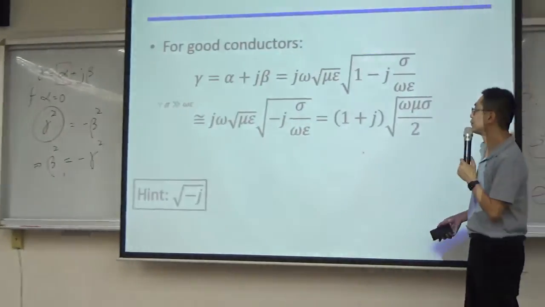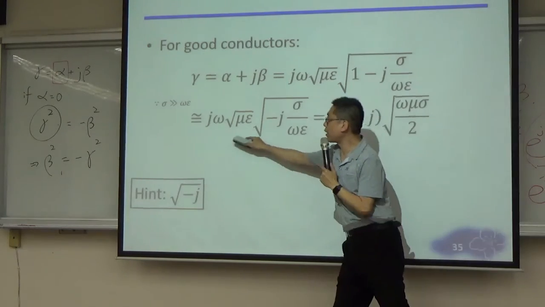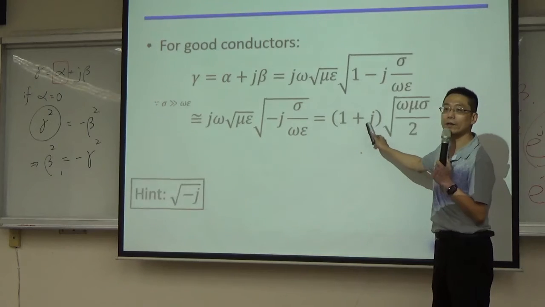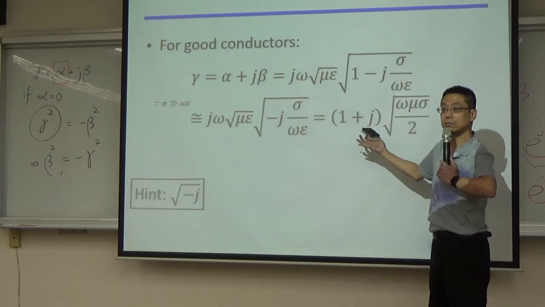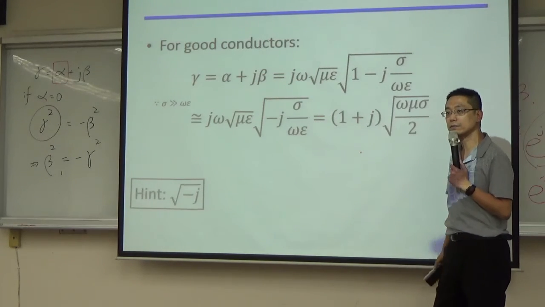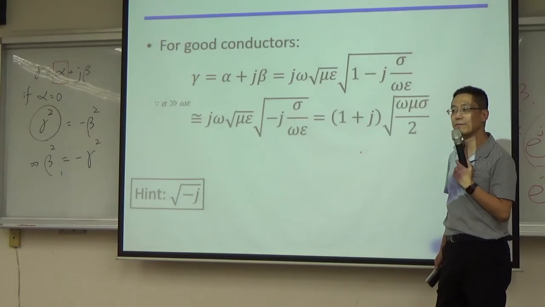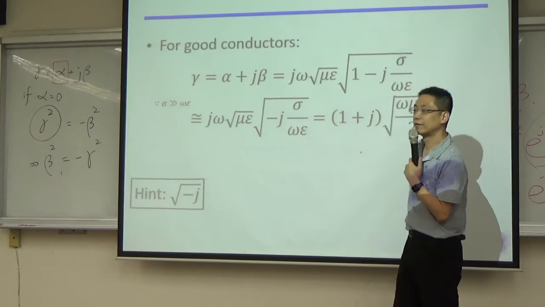Try. This is only one part, right? Why does it become 1 plus j? Why? Where does 1 plus j come from? Tell me, 10 points. Before 6:20, find out any way to tell me why. This is a hint.